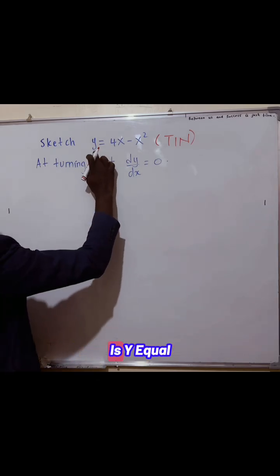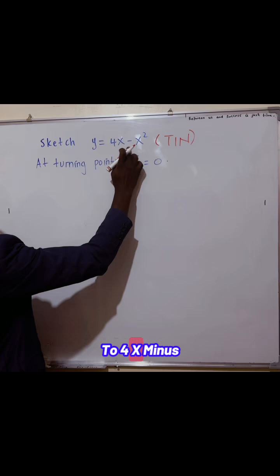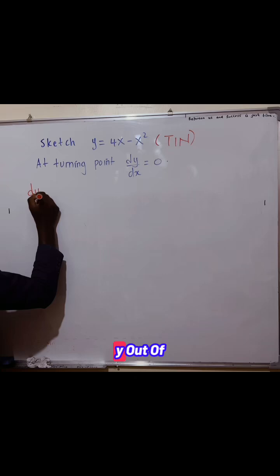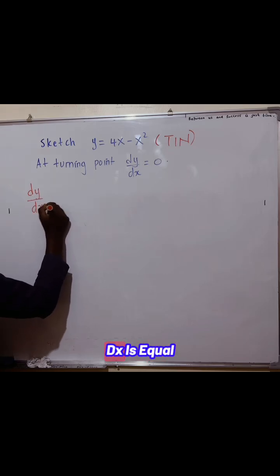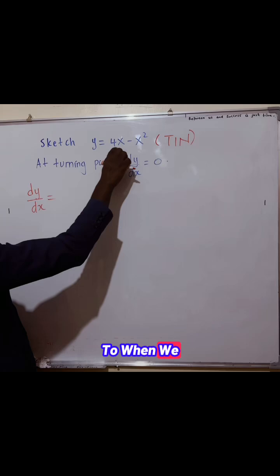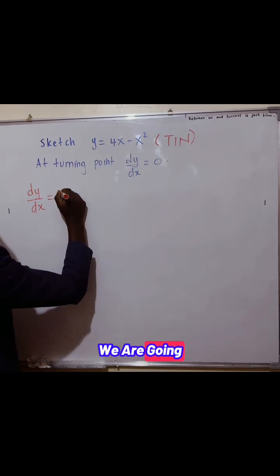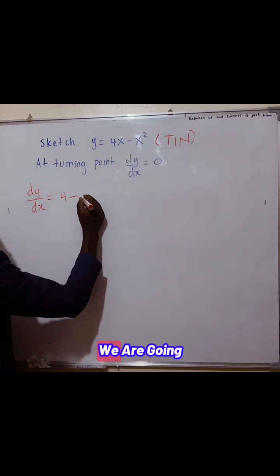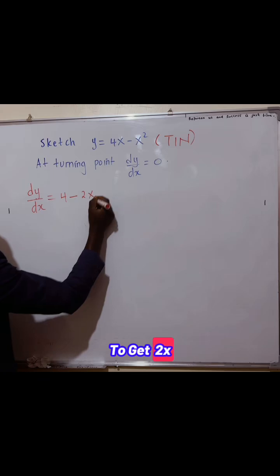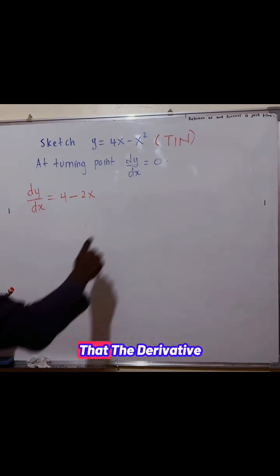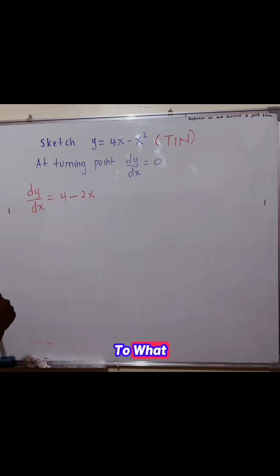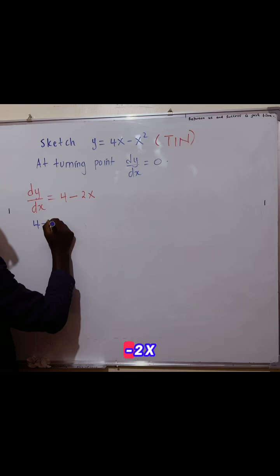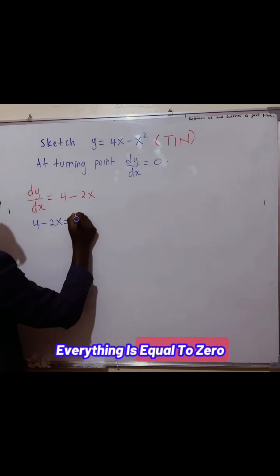Remember, our curve is y equal to 4x minus x squared. So our dy/dx is equal to, when we differentiate 4x, we are going to get 4. And when we differentiate x squared, we are going to get 2x. Remember, we said that the derivative must be equal to what? 0. Meaning that we shall have 4 minus 2x, everything is equal to 0.